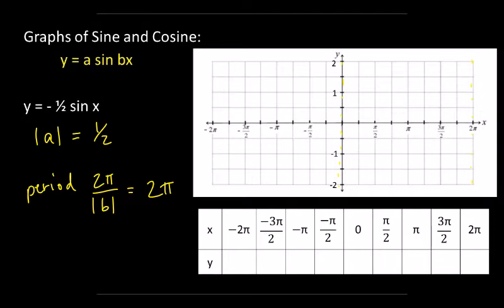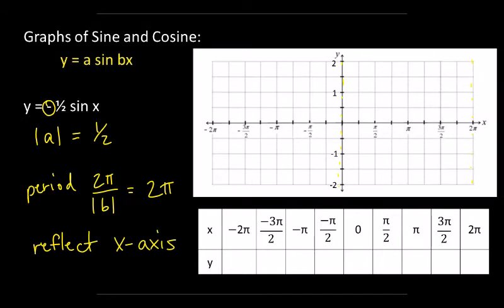The other thing I would take note of is this little tiny negative right here. What that negative is representing, if we think back to our first semester in transformations, is that it's going to reflect across the x-axis.